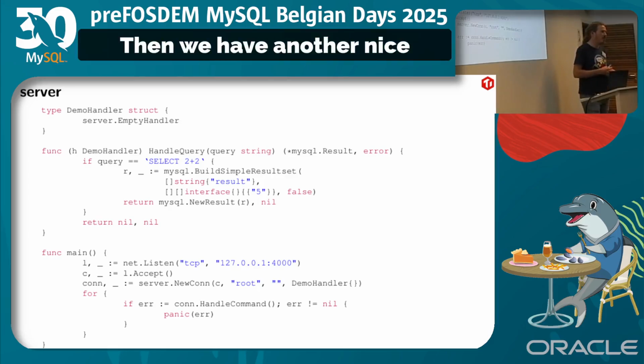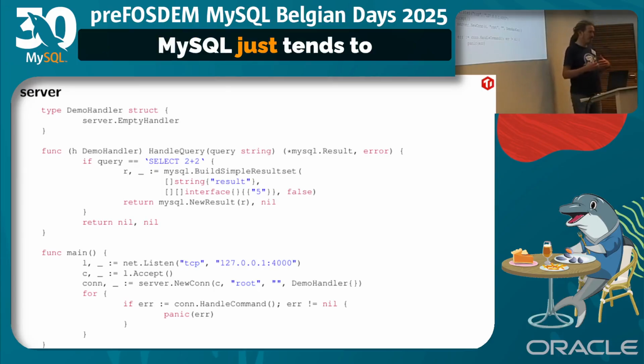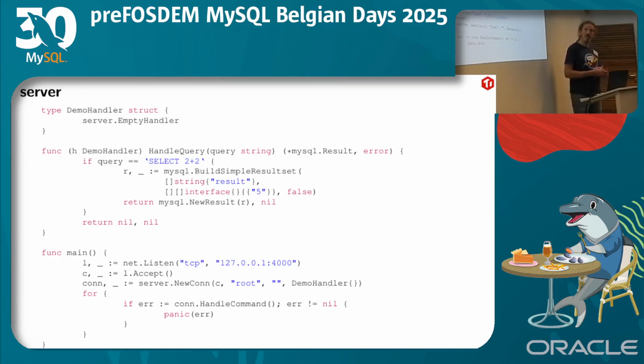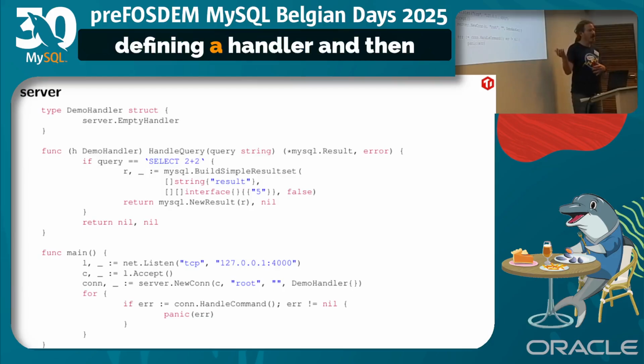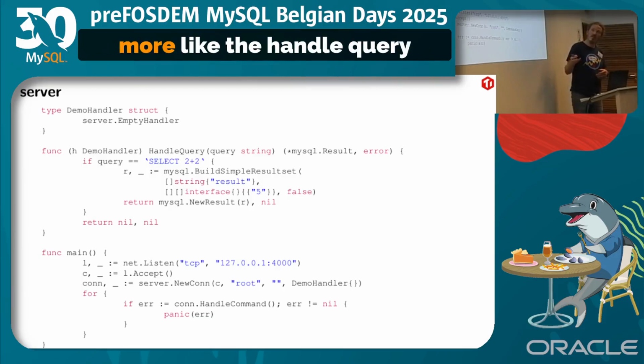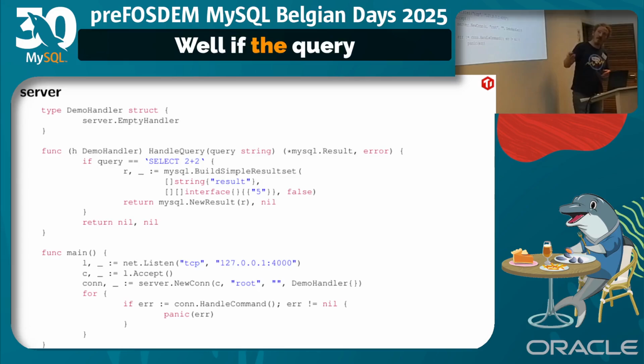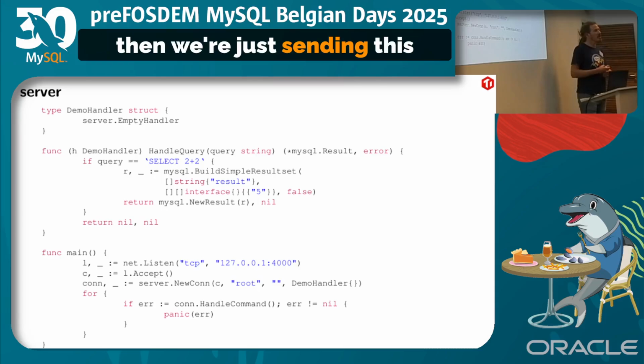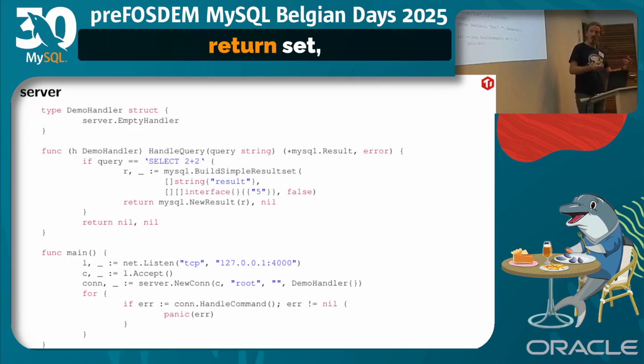Then we have another nice thing that you can use. It's a server. Here, go-mysql pretends to be a MySQL server. We are defining a handler, and for the handle query, we check if the query is this string, then we send this result set.